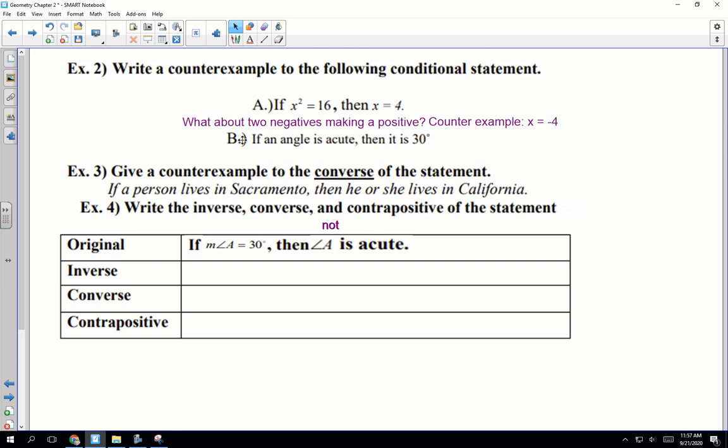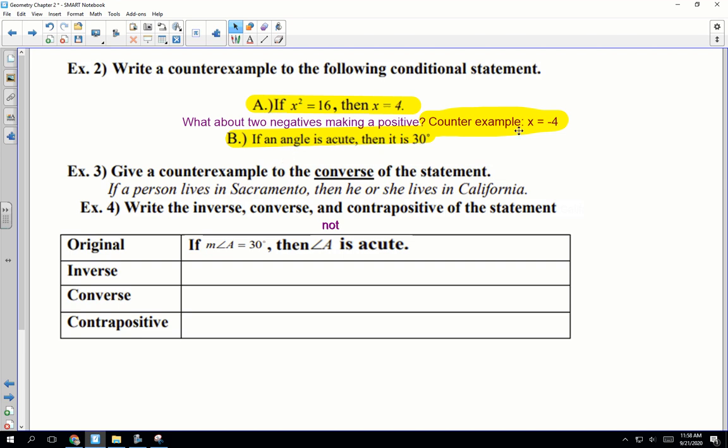All right, let's look at example 2b. If an angle is acute, I actually do want you to write that down. So write this down and write the counterexample. If an angle is acute, then it is 30 degrees. We need to think of a counterexample: an angle that's acute that is not 30 degrees.